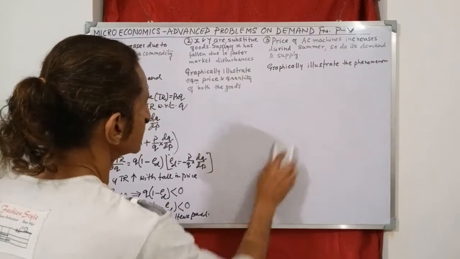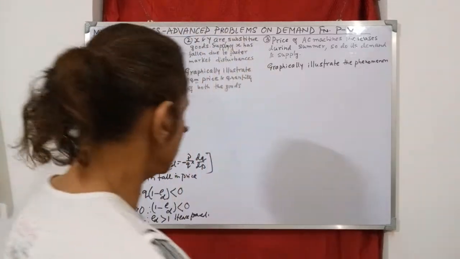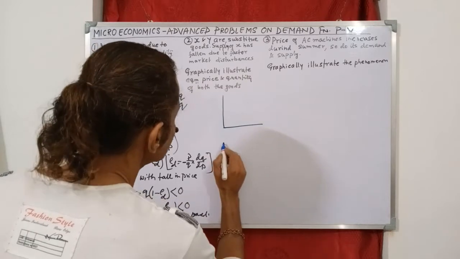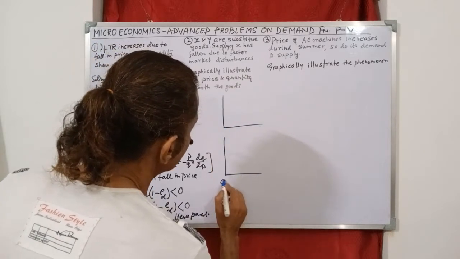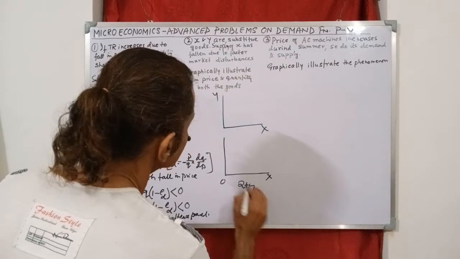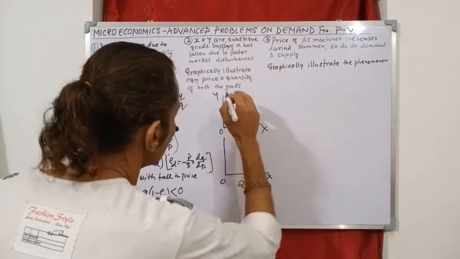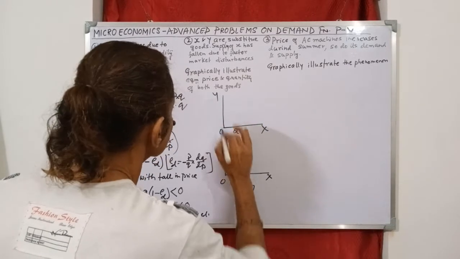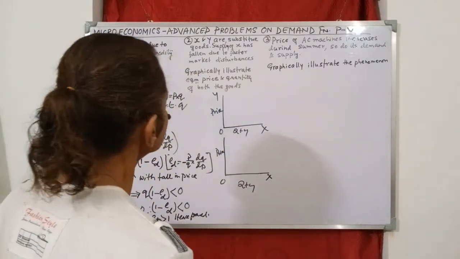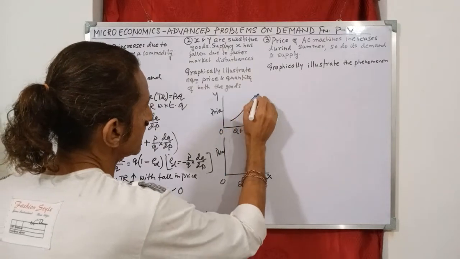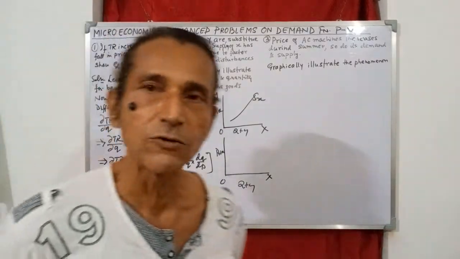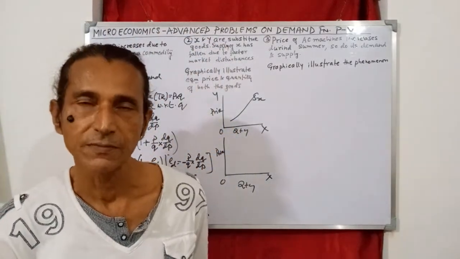This is for commodity X whose supply has fallen, and this is for commodity Y. On the x-axis we measure quantity and on the y-axis we measure price. Now this is the supply curve of X. Sx is the supply curve of X. Due to some disturbances in the factor market, the supply has fallen.